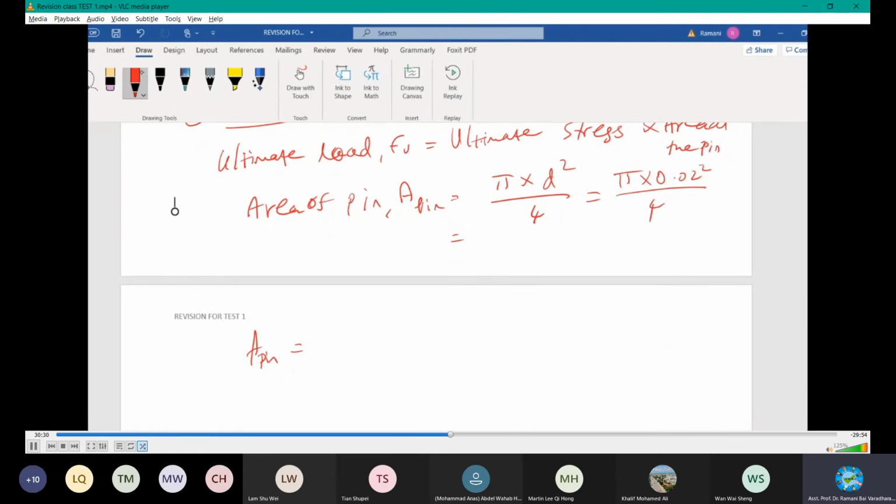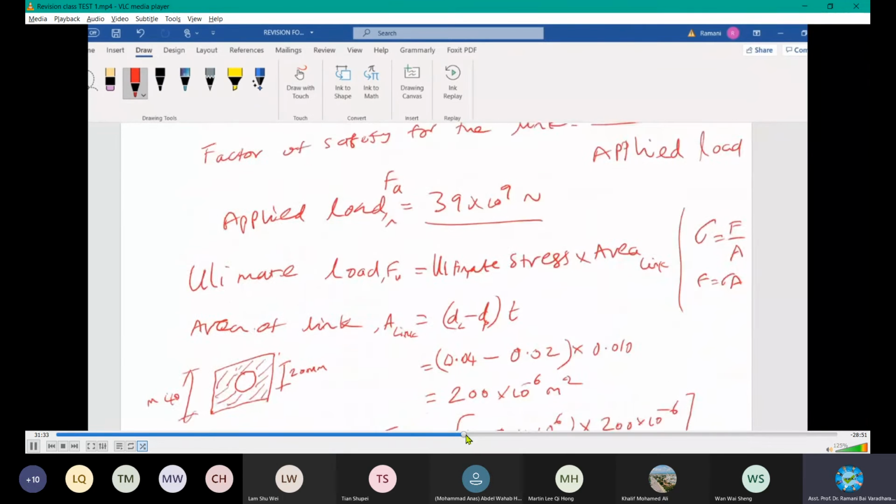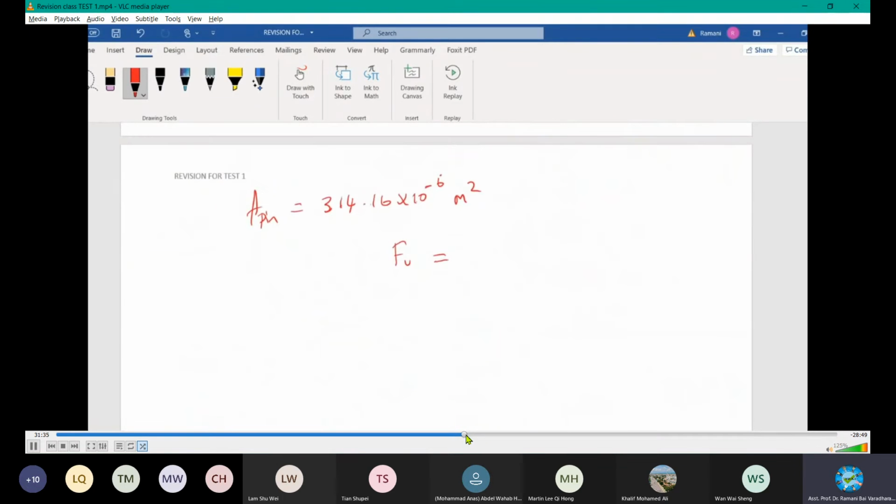Is equal to, anybody? Area of the pin? 3.14, power minus... Okay, 3.314 and 314 times 10 to the power of -4. No. Anybody? Wrong answer. Negative 6. Be more careful. The ultimate stress is 150 megapascals. 150 megapascals times area, right?